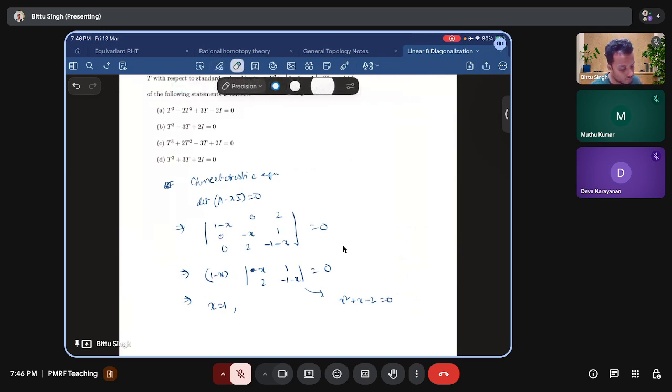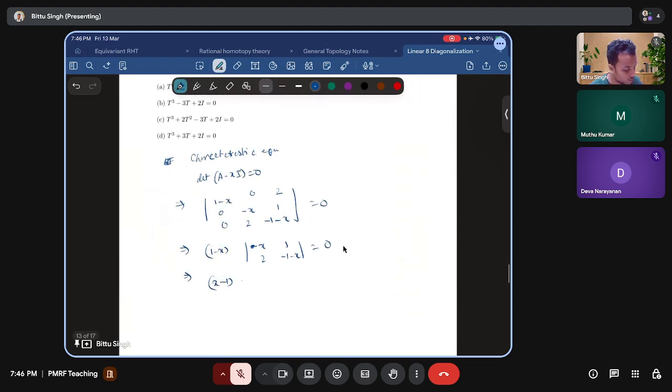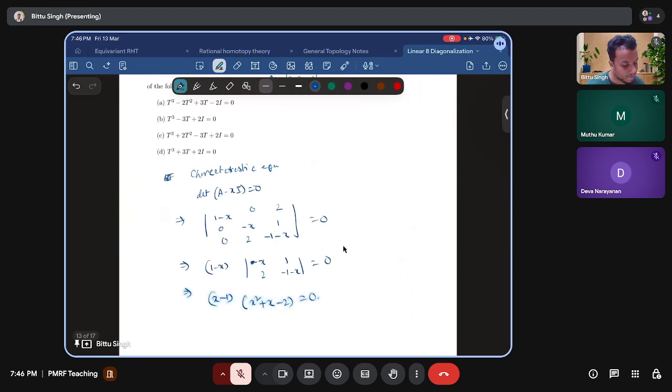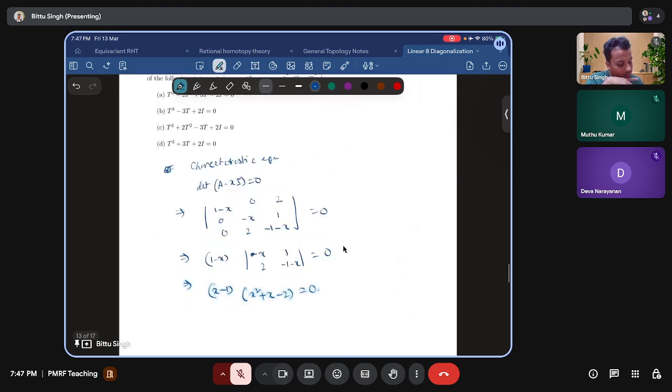Okay, we actually don't need to find the eigenvalues. So we only need to solve this. So this is (x minus 1) times (x squared plus x minus 2) equal to 0. This is the characteristic equation.